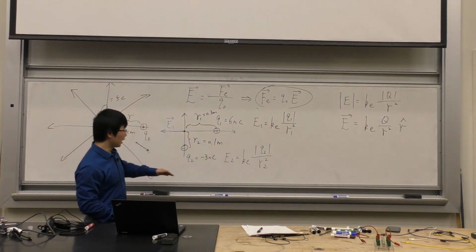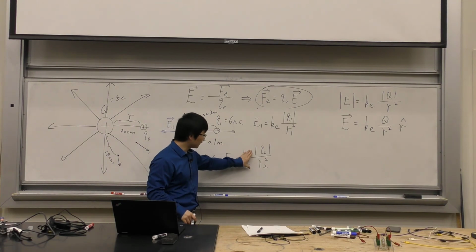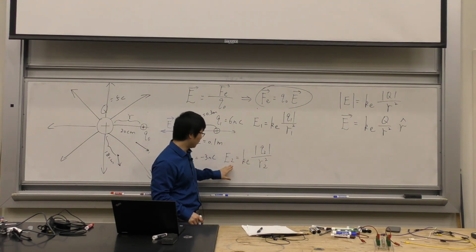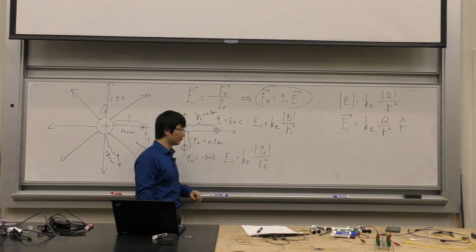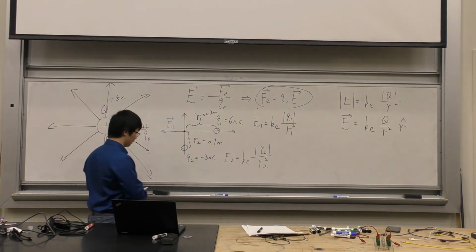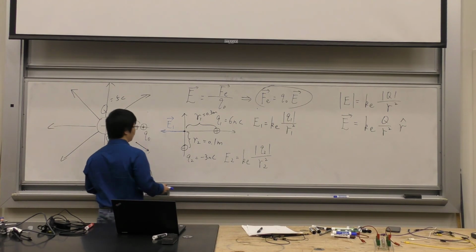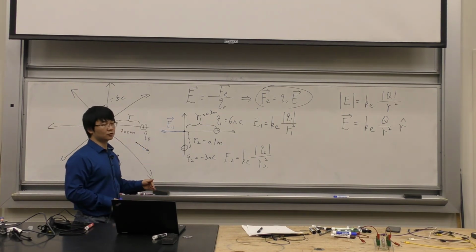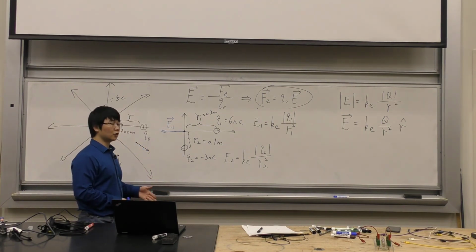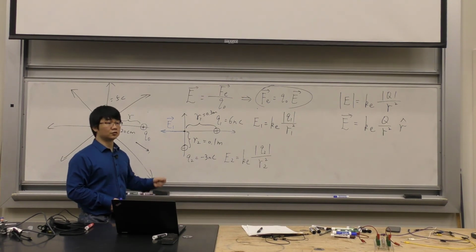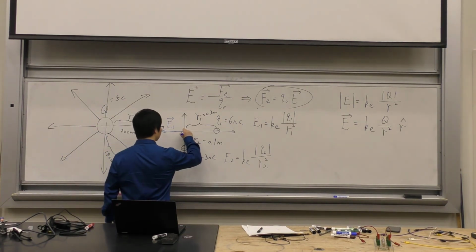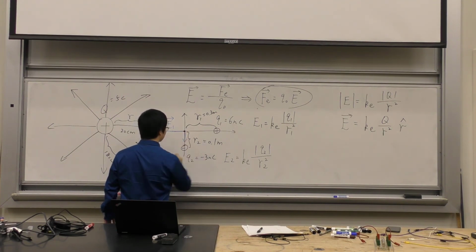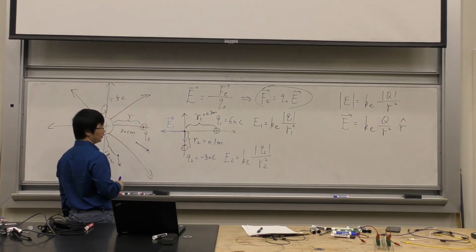Okay, you see that now I have all the numbers I need for this electric field. Put them in, you will get this number. What is the direction? Okay, the direction is this. What is our convention? Negative source charge, the electric field is always radially inward. So you draw an arrow toward this charge. Okay, so that's going to be E2.